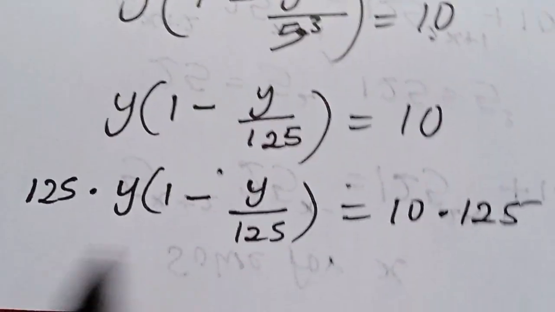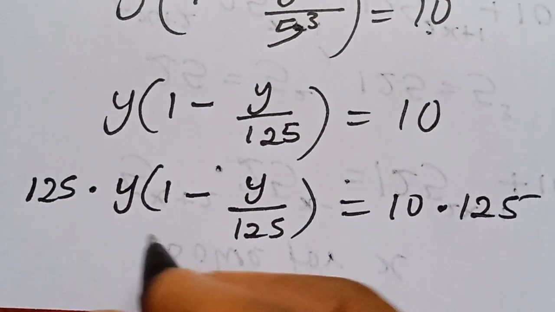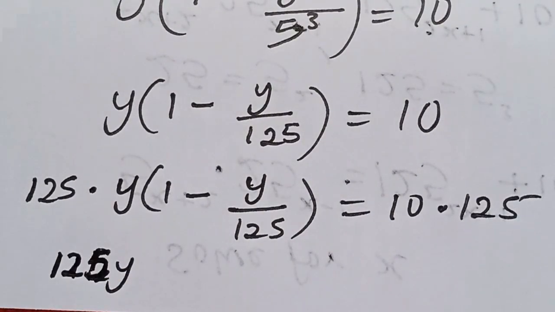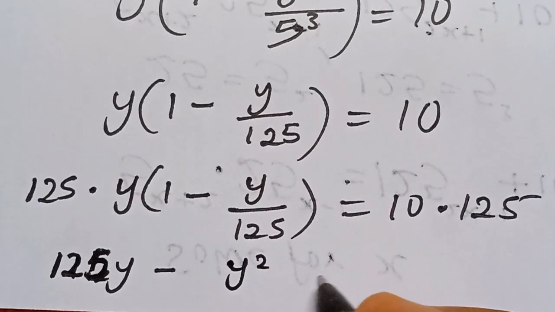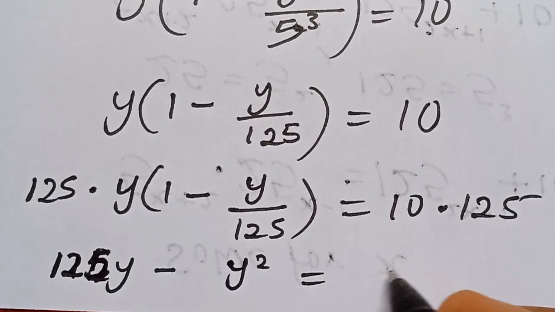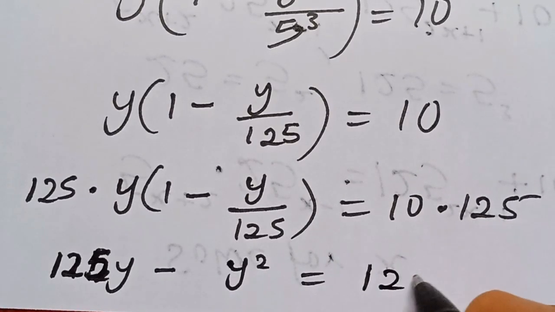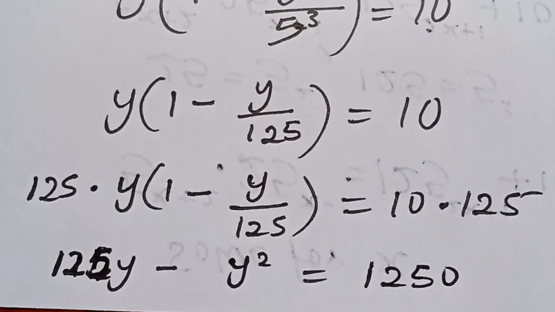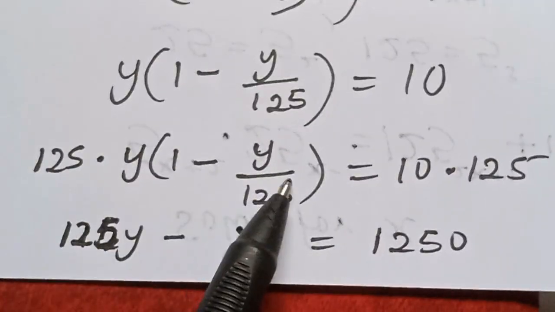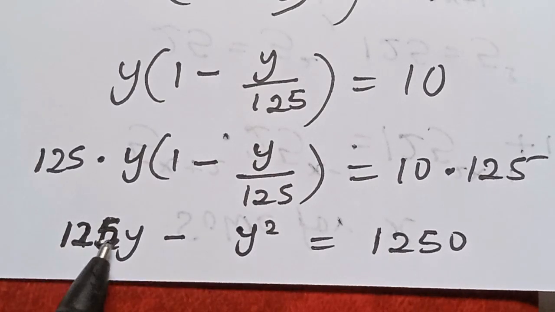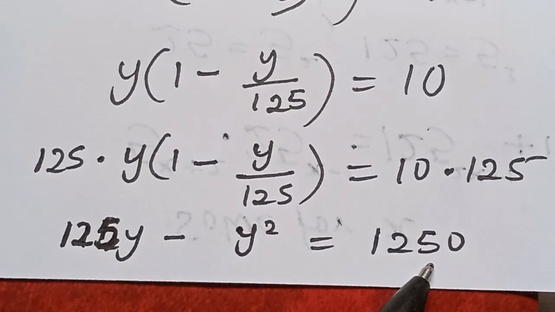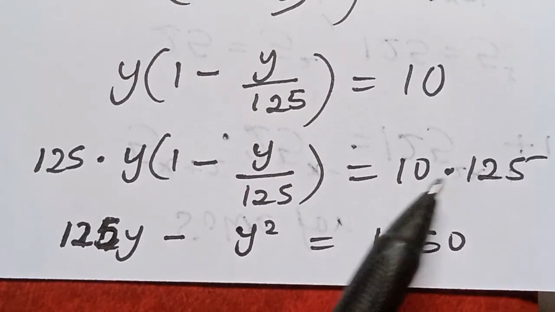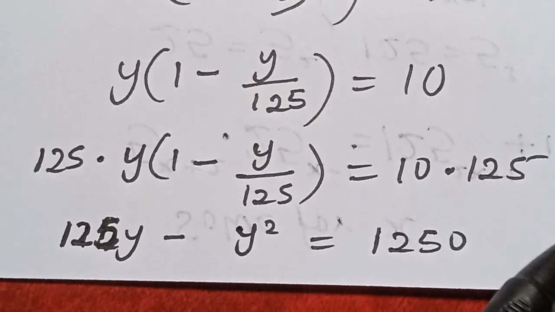Okay, so we can now open this bracket. We have 125y minus y squared equals 1250. Okay, 125y multiplied by this bracket, then we'll be given 125y minus y squared equals 1250. 10 times 125 equals 1250.